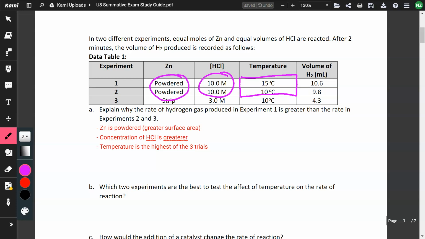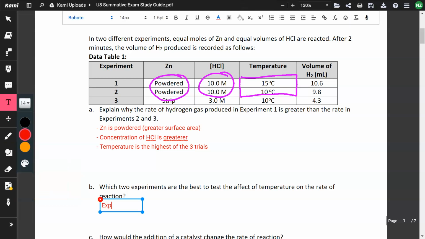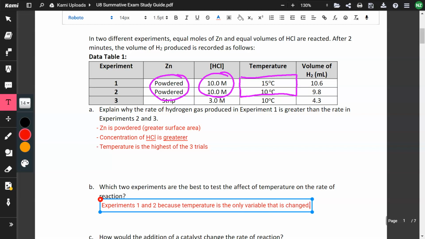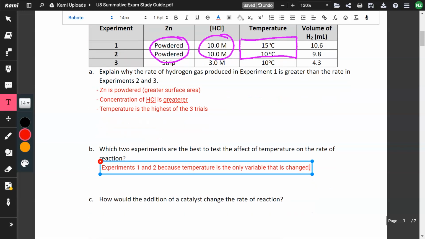We have a concentration of HCl of 10. The only thing that we're changing is the temperature. So experiments 1 and 2, because temperature is the only variable that is changed. So the surface area and the concentration of HCl stay the same. The only thing that's changing is temperature.